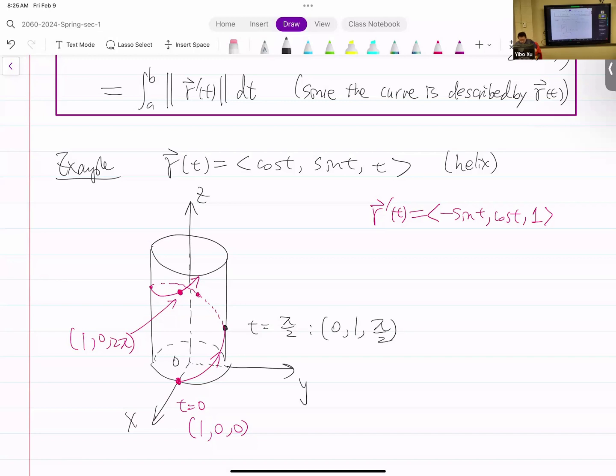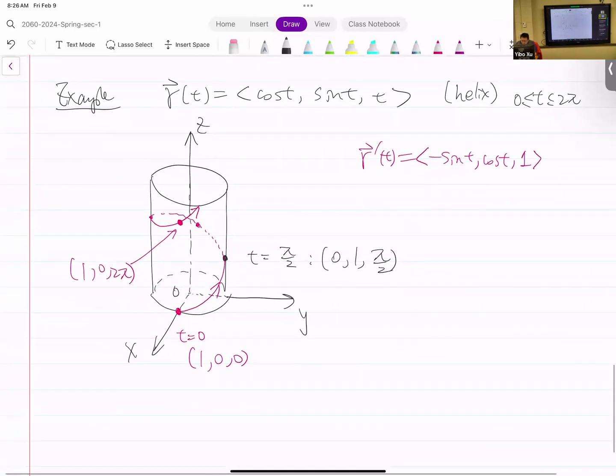Here I want to also specify the time interval, otherwise this curve will not really stop, right? So here, t goes from 0 to, let's say, 2 pi. Then we just want to calculate the arc length along the curve for one period, starting from the bottom solid red point to the top solid one, from 0 to 2 pi. One period.